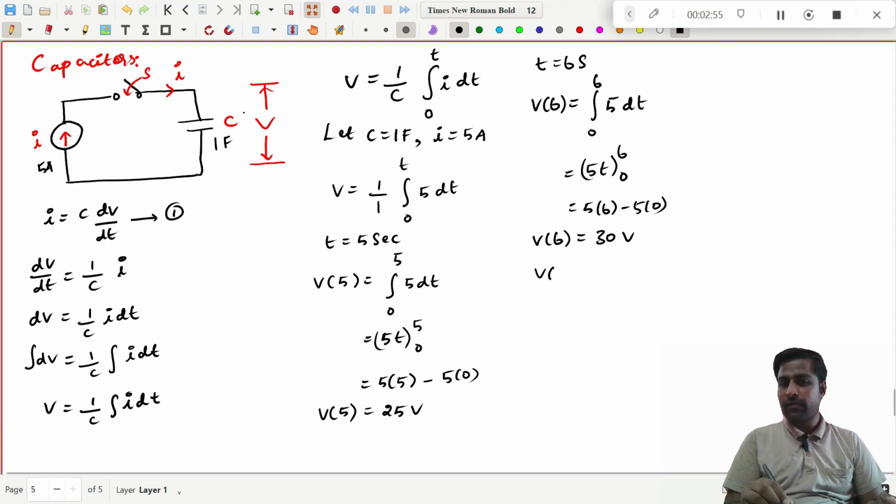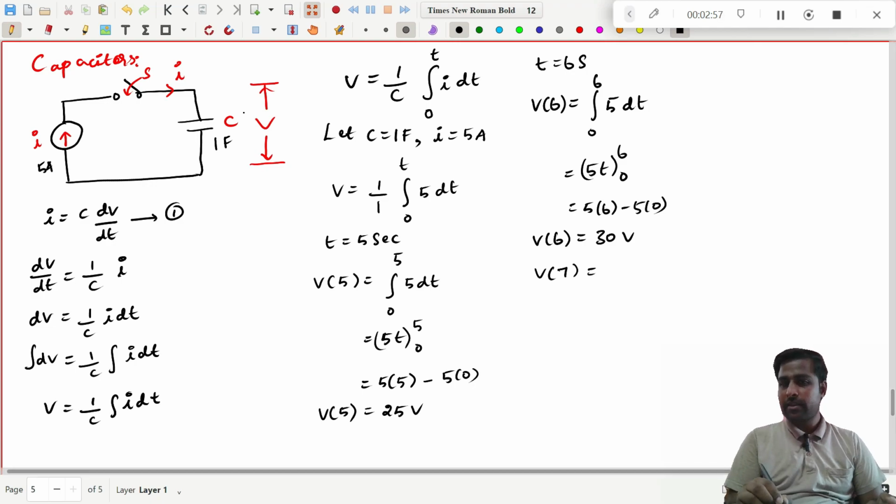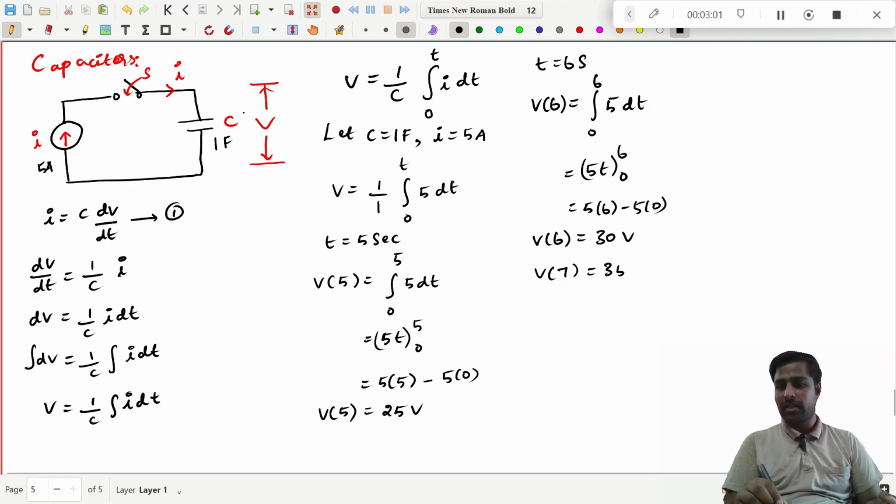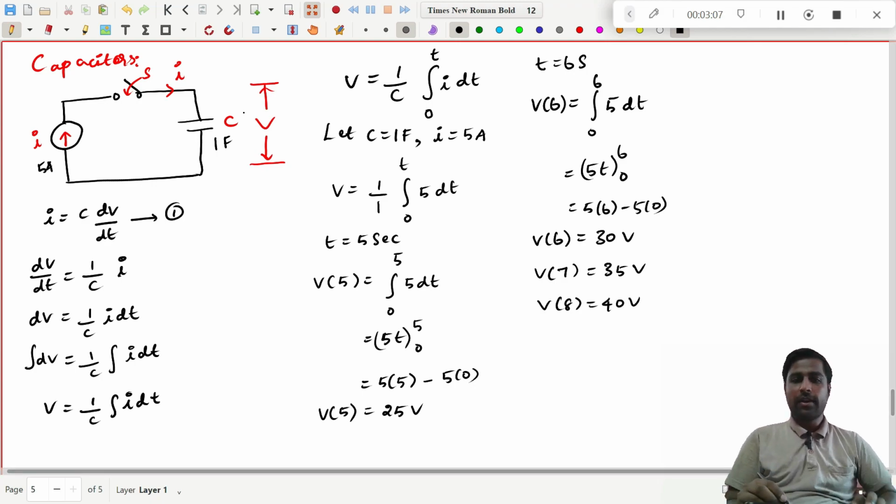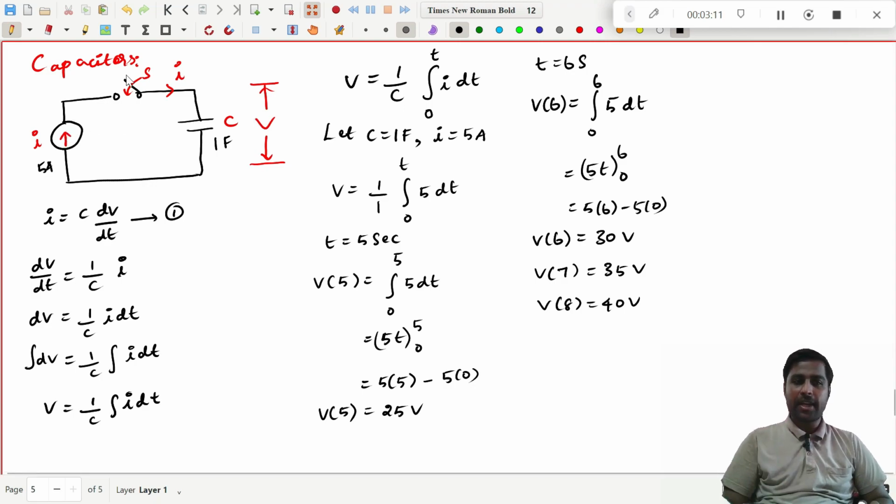And if you find V of 7, that is nothing but 5 into 7, that is 35 volt. You just substitute, and V of 8 becomes 40 volt.